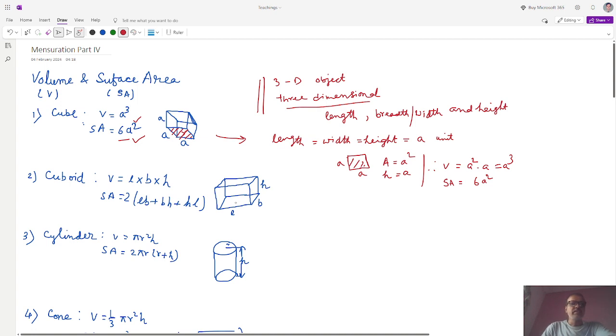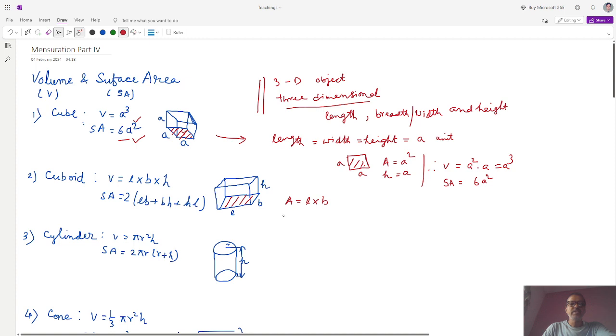So in this case, for a cuboid, the base is a type of rectangle. Therefore, the area of the base equals length into breadth, where length equals L and breadth equals B, so L into B. And what will be its volume?